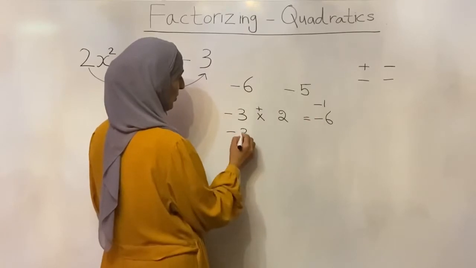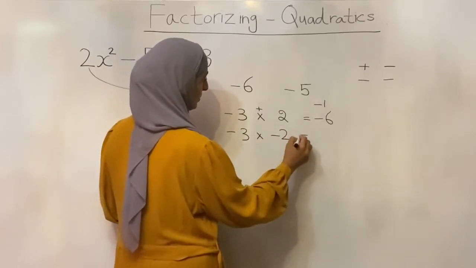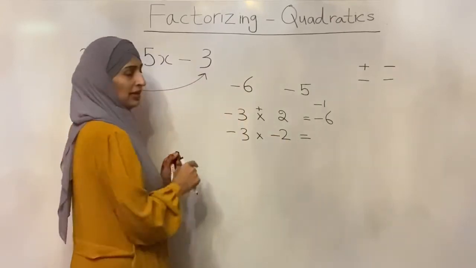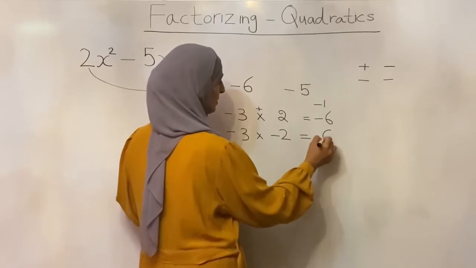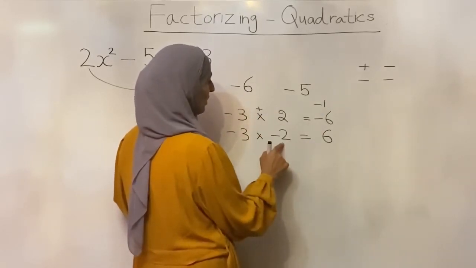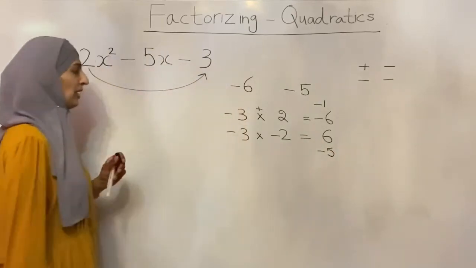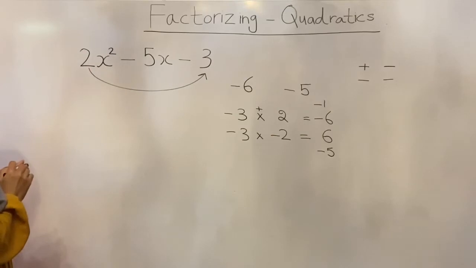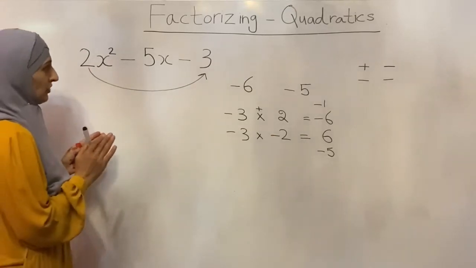So minus 3, if I do minus 2, minus minus plus, 3 times 2, 6, but if I add them together, the answer should be minus 5. So there should be a factor pair in which, if we multiply them together, I will solve this question in front of you.